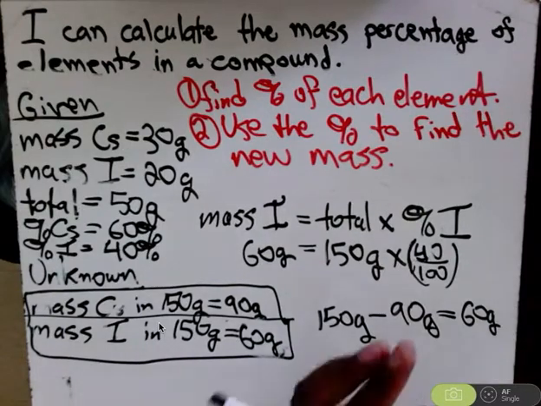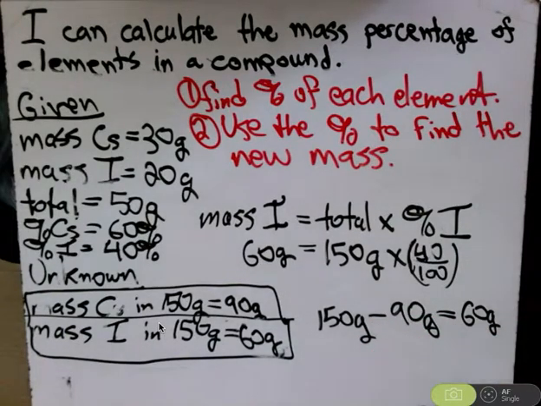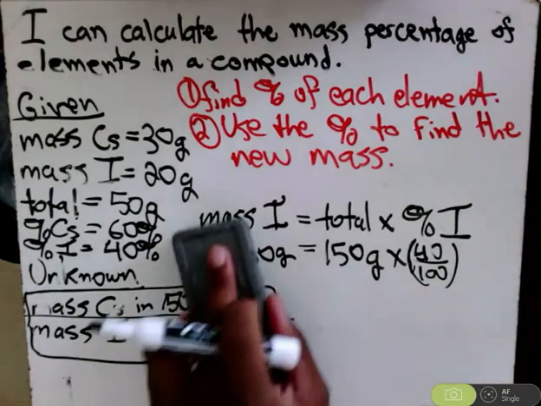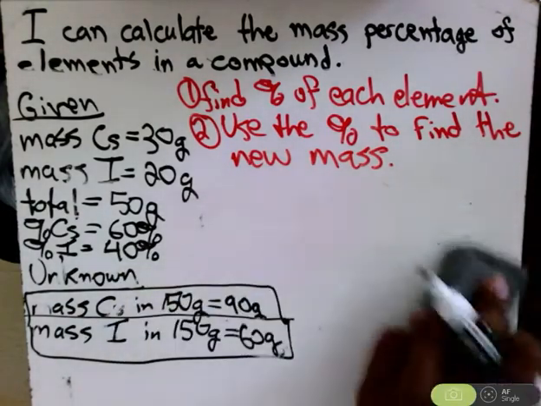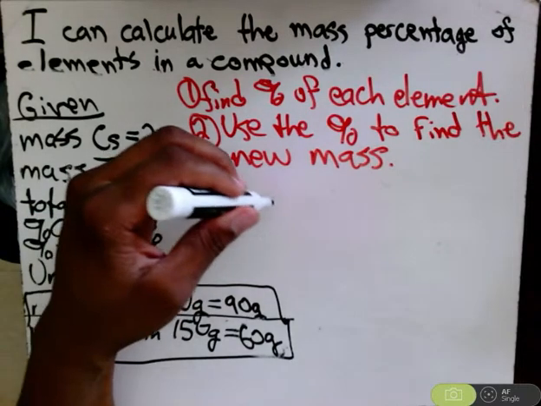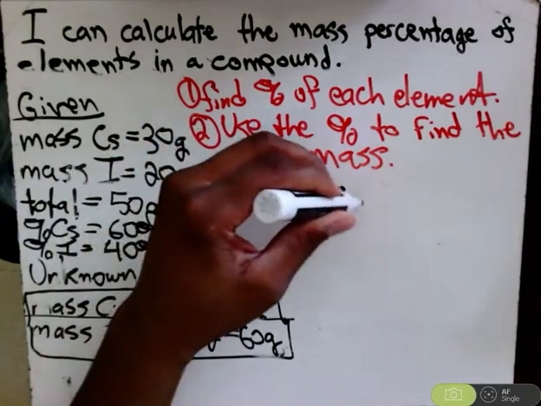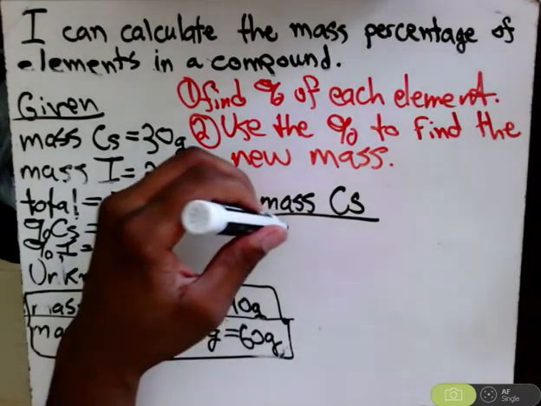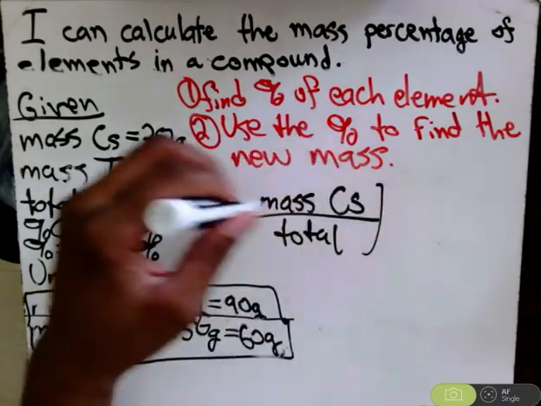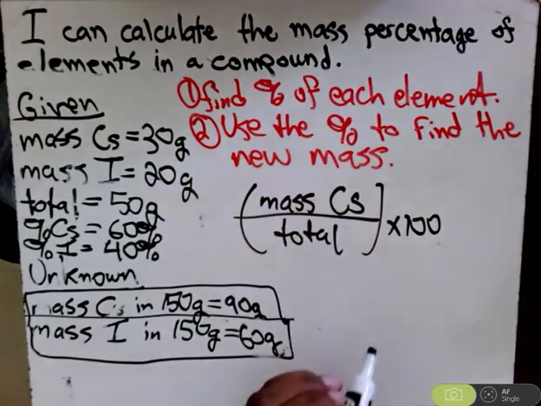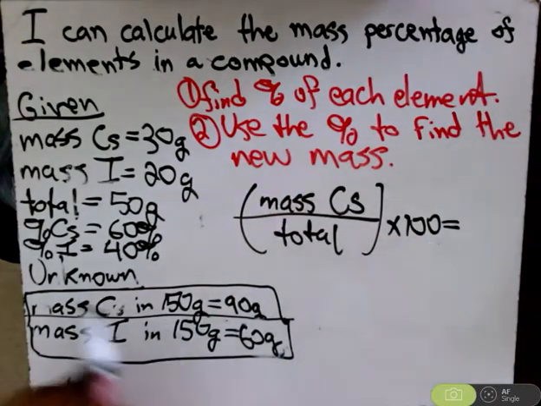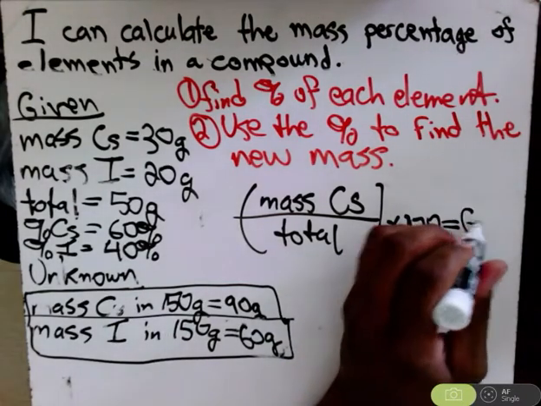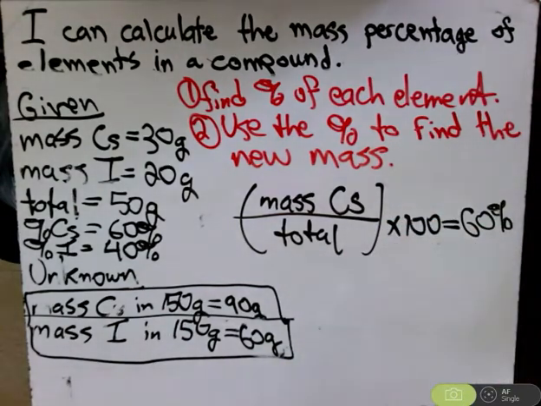Now, the percents are still the same because we're still operating under the law of definite proportions. So if I take the mass of cesium divided by the total, multiplied by 100, I'm going to get 60% no matter how much compound I have.